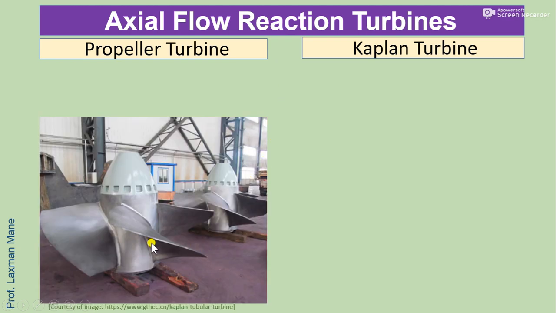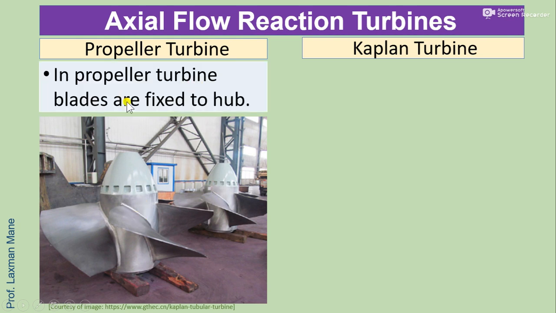From this image we can see these are the blades, which are in number 3 to 4, which are attached to this central part which is called as hub by welding. So in propeller turbine, blades are fixed to the hub.